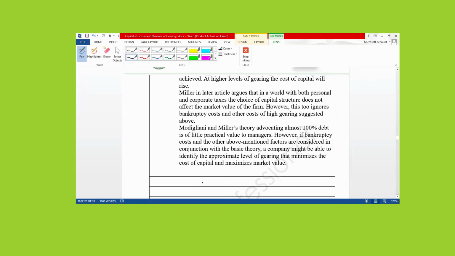Don't forget, this topic is related to your cost of capital calculation. Capital structure, theories of gearing, cost of capital calculation. They are closely related.